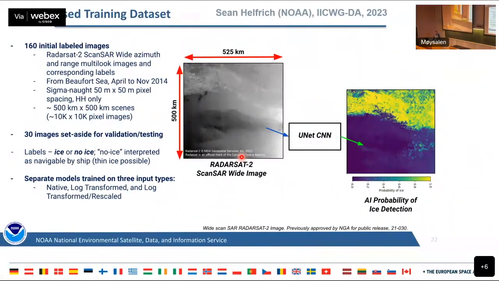Another example, again from NOAA, from Sean, is that they use RadarSat-2 alone for classification, and their network also gives probability of ice detection, which can be interpreted as concentration, or which can also be interpreted as uncertainty.